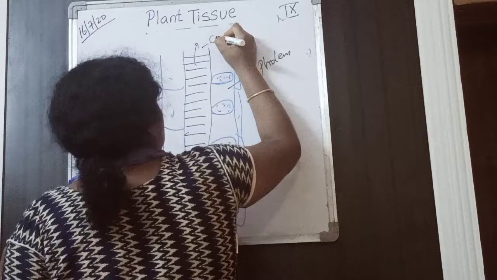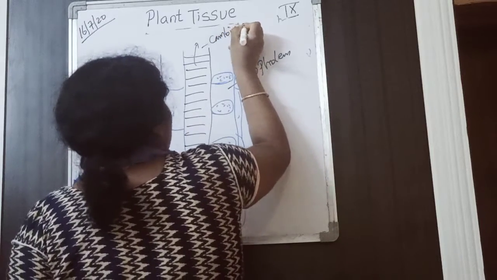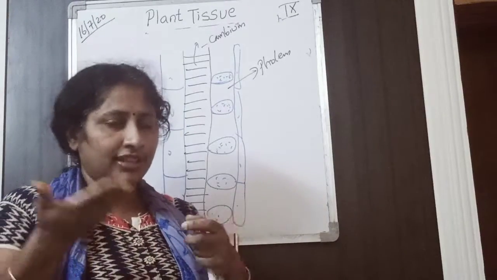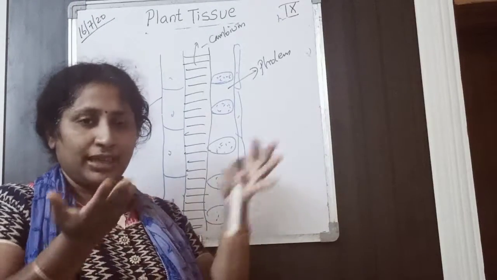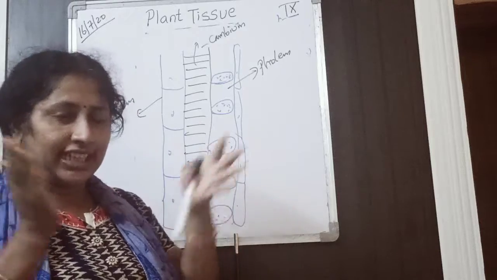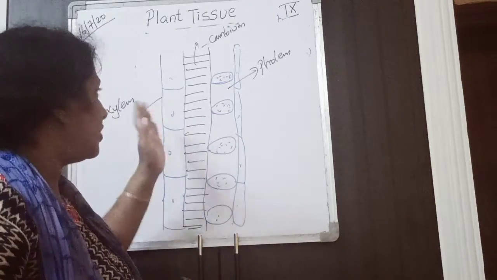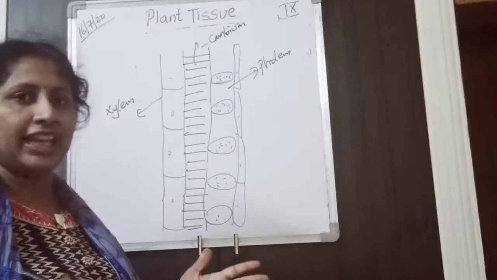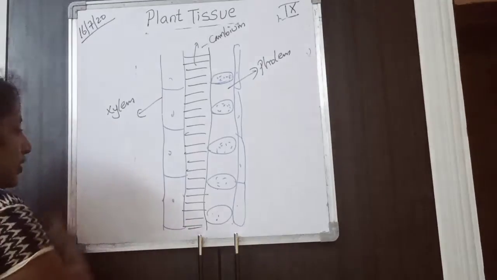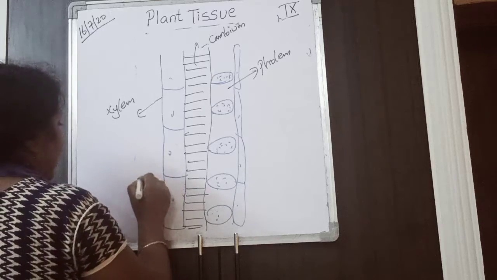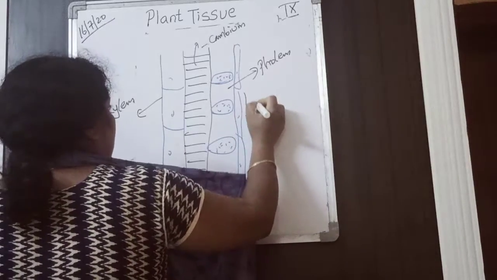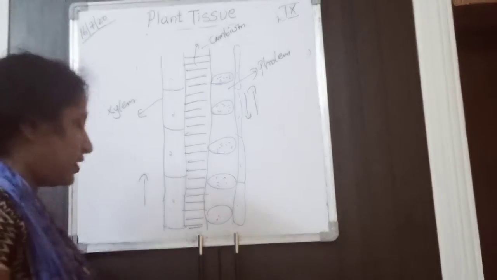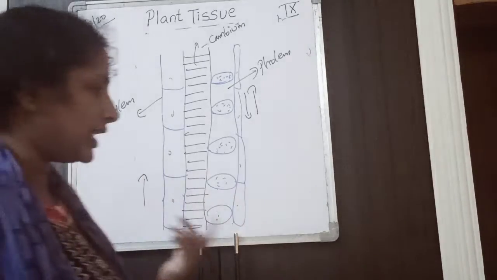Where is it? Cambium is meristematic tissue, intercalary meristematic tissue, as I told you. It is present in between the other tissues. So xylem is one tissue, phloem is another, and cambium is present in between them. Xylem conducts water in one direction. Phloem conducts food in both directions.